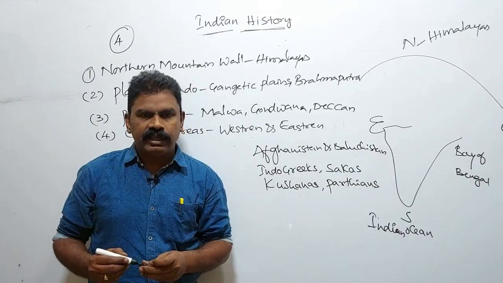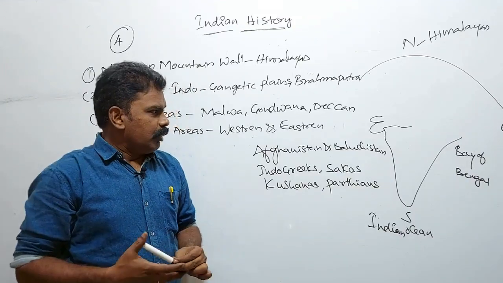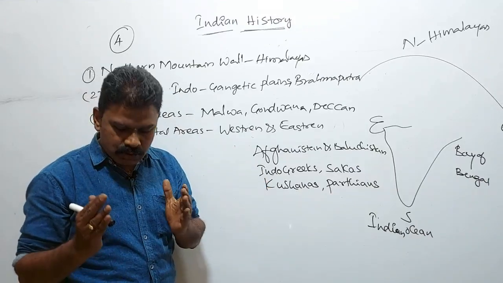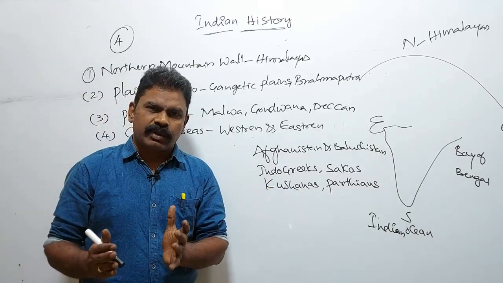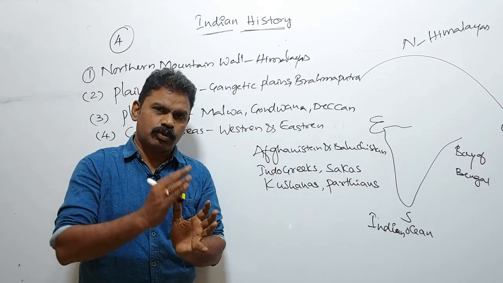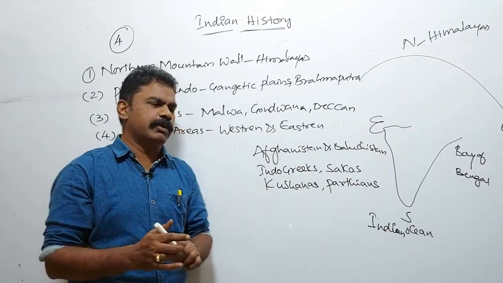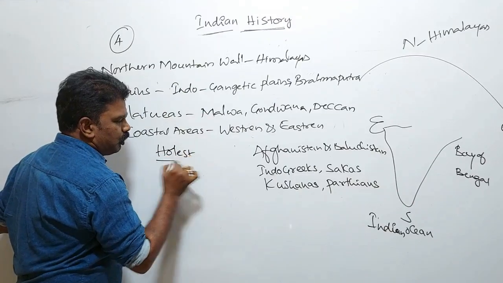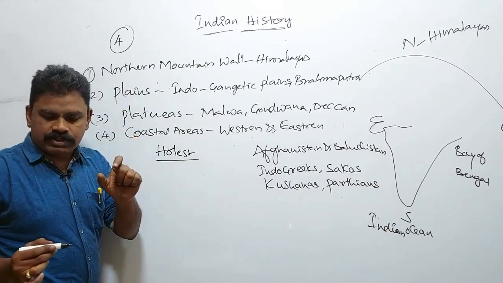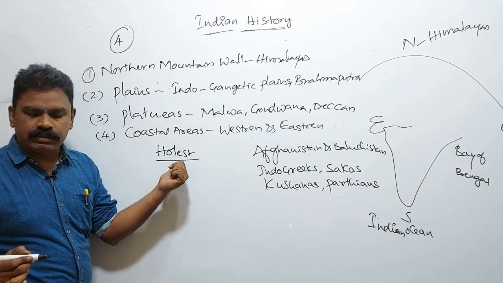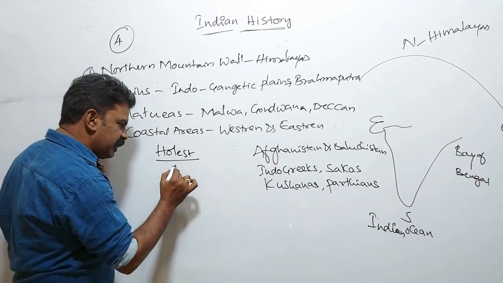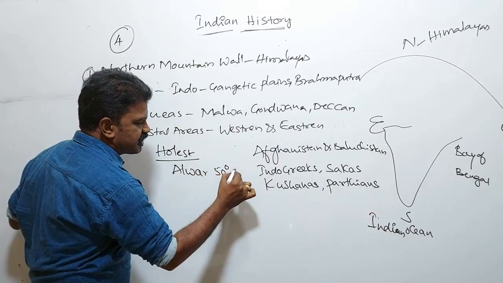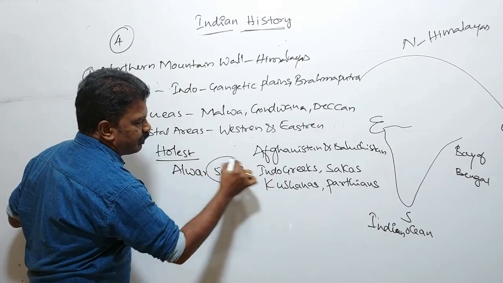So India has all the characteristics of a continent, and also has extremes, topmost and lowest. For example, India has hottest spots. What is the hottest plain of India? That is Alwar in Rajasthan, with about 50 to 60 degrees C temperature.